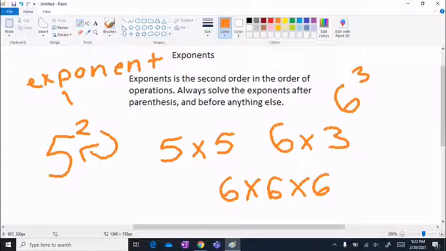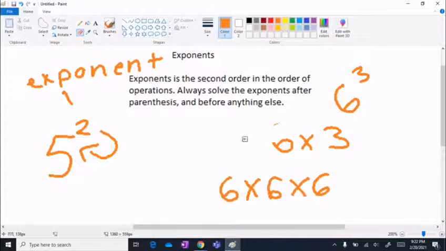But that's not how it works, because you're going to get the answer wrong. Or don't think 5 to the power of 2 is 5 times 2. Because this is exponents, not multiplication, and we don't want to get confused. So just know when you see any small number on top of the first number, it means it's an exponent, and you always have to multiply the first number by the amount of times the top little number is.